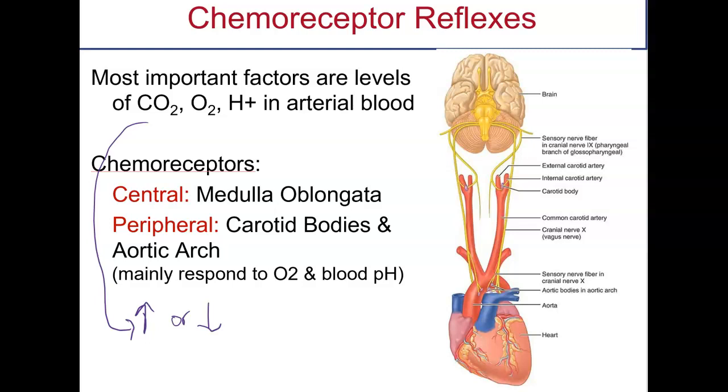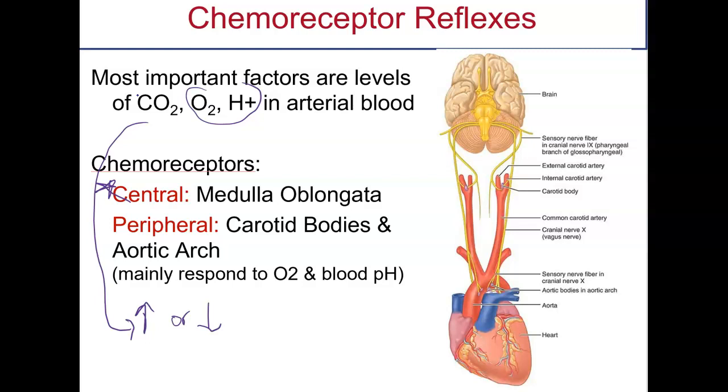Your pH went down. Well, now we know that high or low levels of these can change our breathing rate. However, you're going to see that we are most sensitive to CO2. So you should star these central chemoreceptors because they are the most important ones. And the central chemoreceptors are only going to respond to CO2.